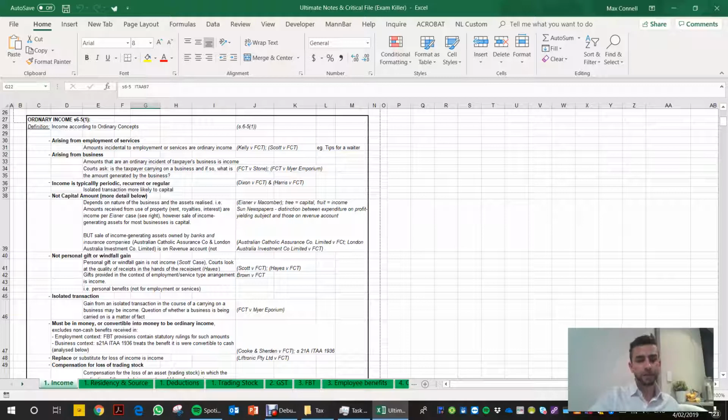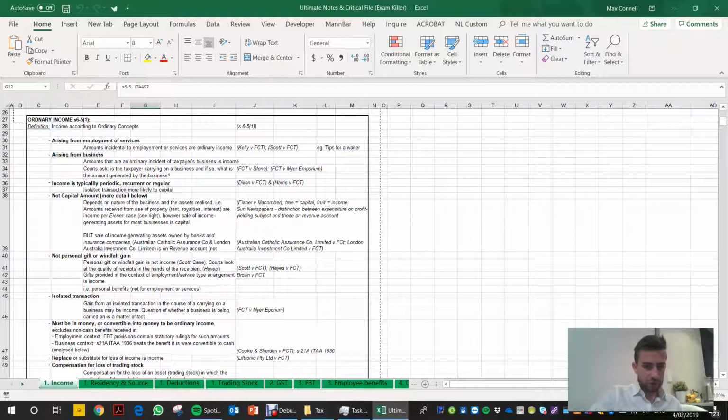This is why this is important. So this is saying that income is typically periodic, recurrent, or regular. So things like a wage, you get it every fortnight or month. The dividends, you get it regularly, quarterly. However, if you sell your house and it's just a very large one-off payment, it's likely to be capital. And if you get that in an exam question, you can reference Dixon versus FCT or Harris versus FCT.